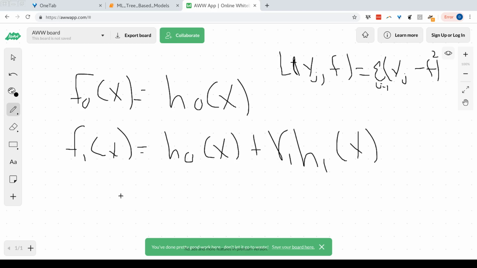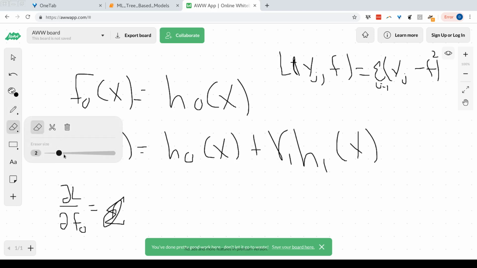So we can take the derivative of our loss function with respect to f of naught, and what we discover, we have to apply the chain rule to take the derivative.